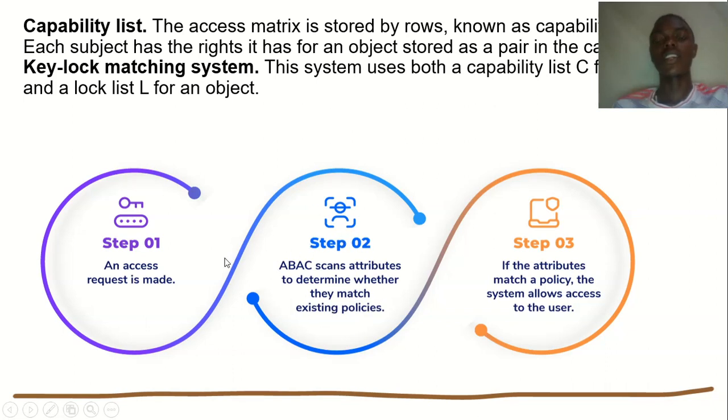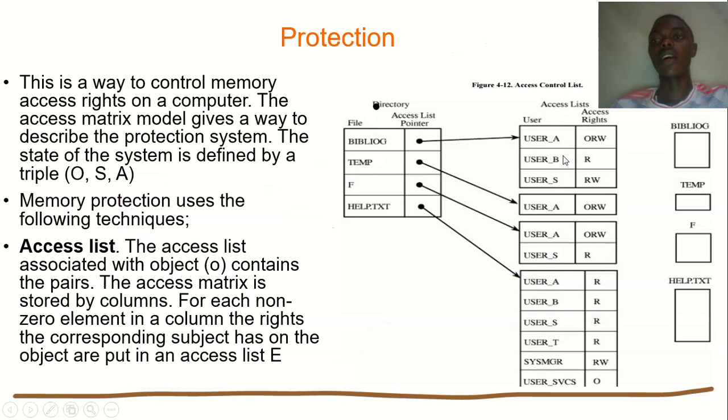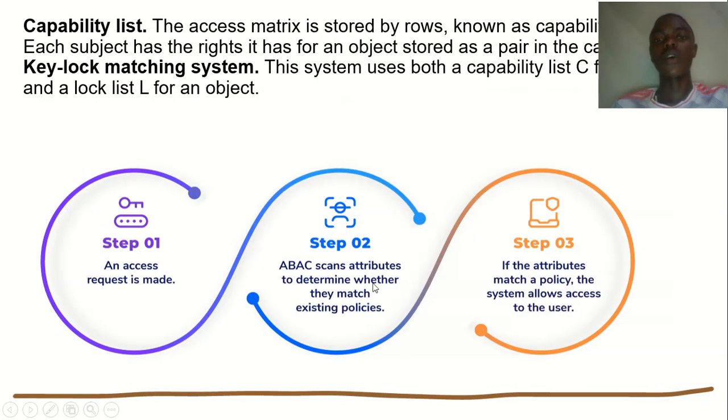Like, they check if you have the permissions, which in the access list are called access rights, to do a specific action. Then in step 3, if the attributes match a policy, the system allows access to the user. If you have the privilege to do what you are requesting, the system will grant you access.